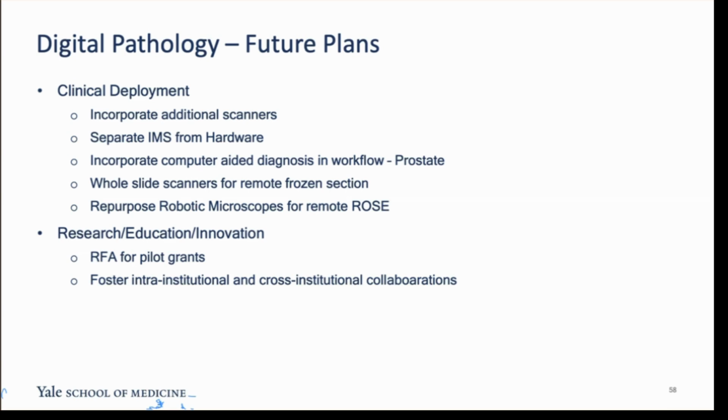What we are doing now is trying to match them with computational statistical expertise that is available within the campus and put them together. And once such teams are formed, we'll issue an RFA for pilot grants. And the idea again is that these will be seeds for larger funded grants in the future. And in this way, we'll foster both inter-institutional and cross-institutional collaborations using digital pathology.